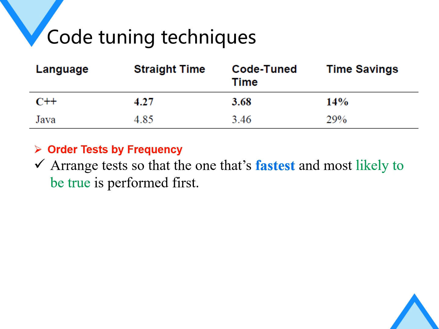If some condition is likely to be false, you put that in second priority. So order test by frequency means arranging the conditions so that the one that is most likely to be true is performed first.